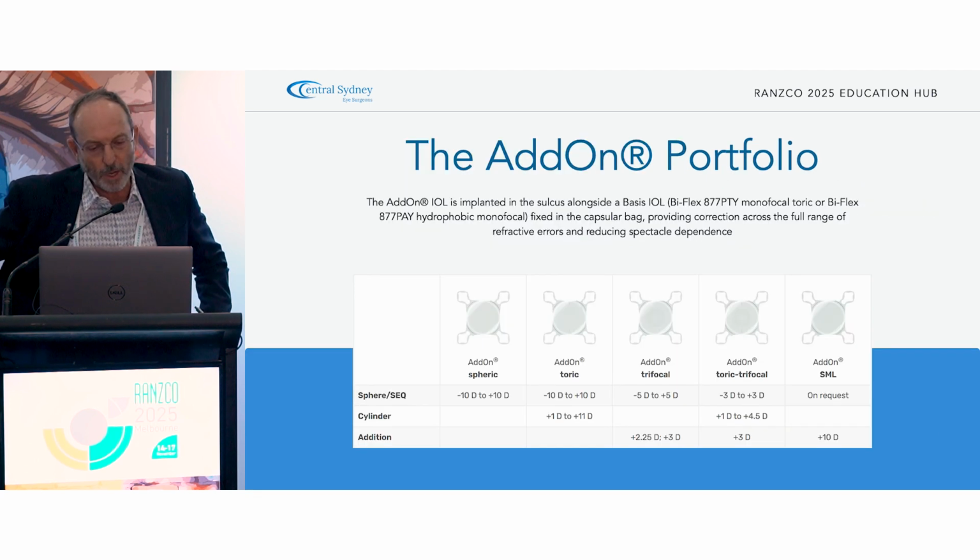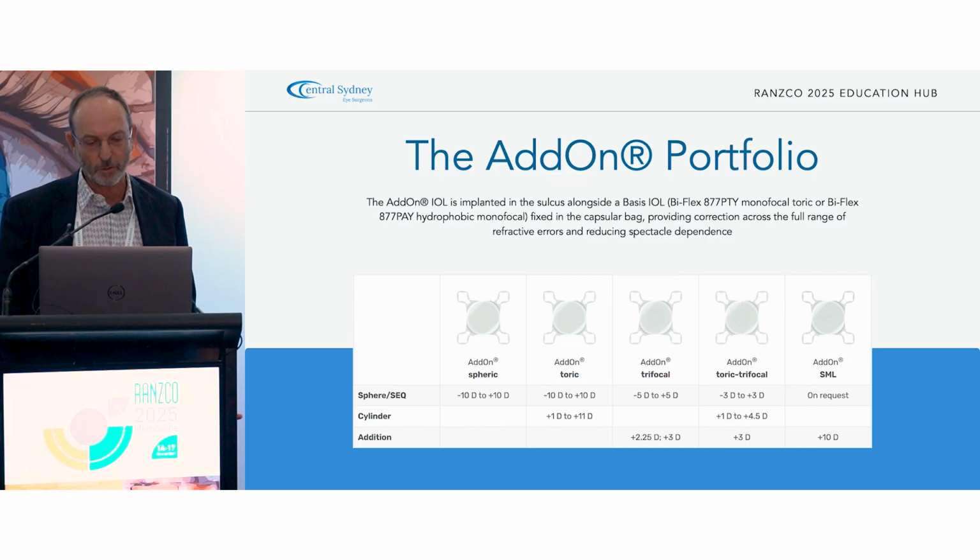So the AddOn portfolio, Alison's spoken about: spheric, toric, trifocal, toric, and SML. I'll talk about SML as the macular lens. I put in about 5 or 6. In the exact circumstance, it works unbelievably well.